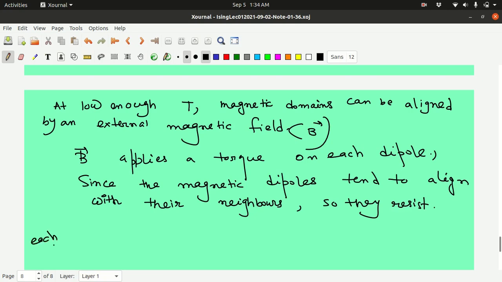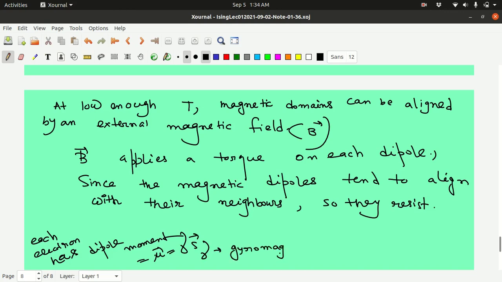Each electron has a dipole moment mu equal to gamma times S, where gamma is the gyromagnetic ratio, which you might have heard of, and S is the spin angular momentum of the electron.